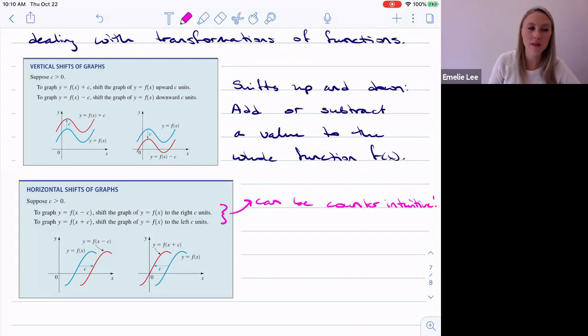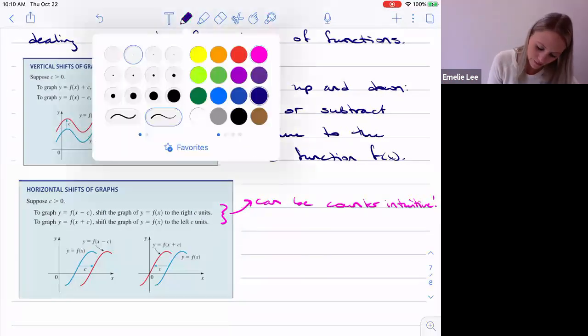I always find that it's a little bit backwards. But that's also how I remember it: the x one works the opposite of how I want it to work. So just having some sort of a trigger helps.